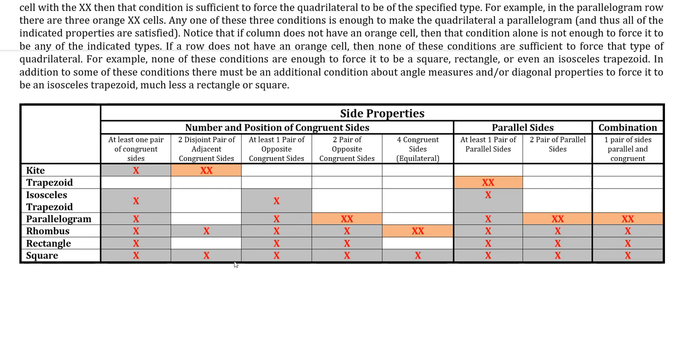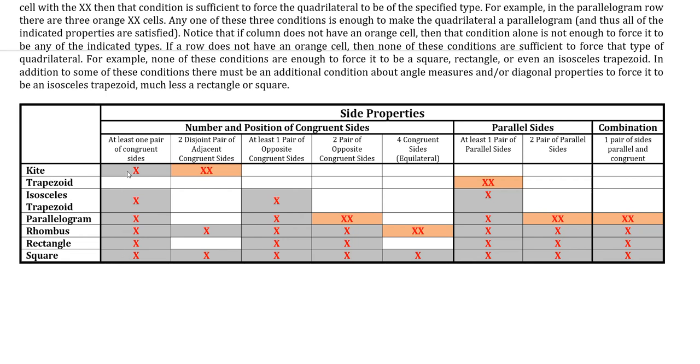Now, we can look at them and look at the conditions they have on the number and position of congruent sides, number of parallel sides, pairs, and some combinations of those over here in the last column. So within the number and position of congruent sides, I have at least one pair of congruent sides. And notice that that's a property that kites, isosceles trapezoids, parallelograms, rhombus, rectangle, and square all have.